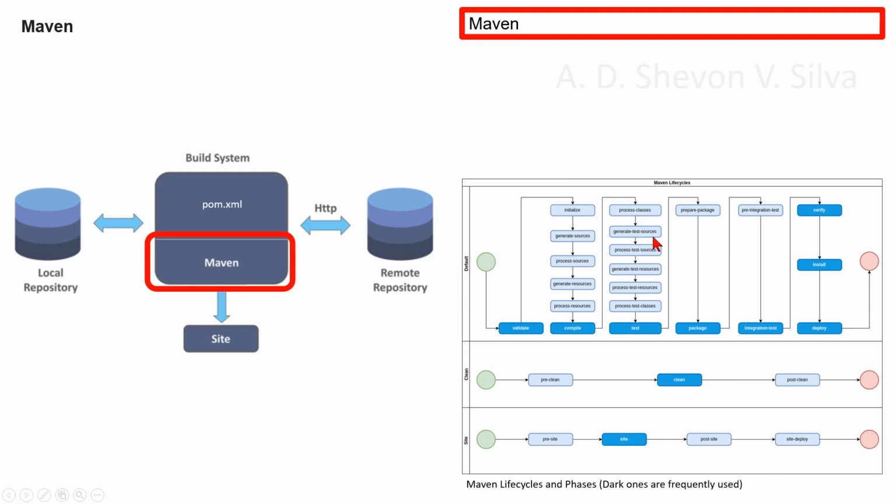Generate test sources: generate any test source code for inclusion in compilation. Process test sources: process the test source code, for example, to filter any values. Generate test resources: create resources for testing.